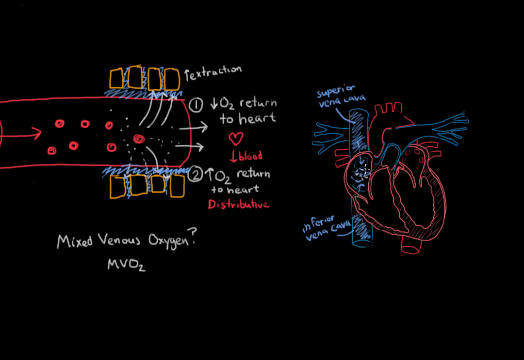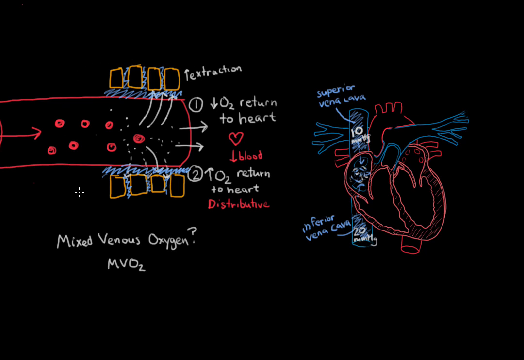Before they mix, they may be at different levels. For example, we may have only 10 millimeters of mercury coming from the upper part of the body, and 20 millimeters of mercury coming from the lower part of the body. When these mix, we get an average of the total blood from both the upper and the lower part of the body.